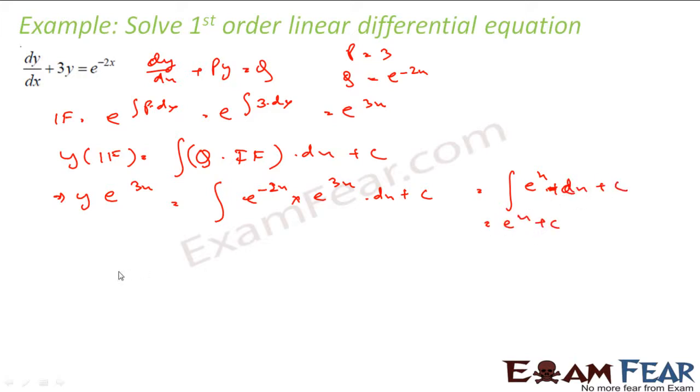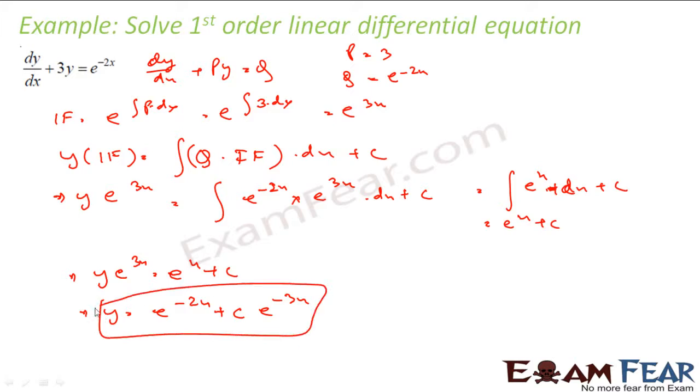So what I got is y e to the power 3x is equal to e to the power x plus c, or y is nothing but e to the power minus 2x plus c into e to the power minus 3x, and that is my answer. Not a difficult question, you just have to find the value of IF. Once you have the value of IF, you can put it in this equation, y into IF is equal to integration of q IF dx plus c.